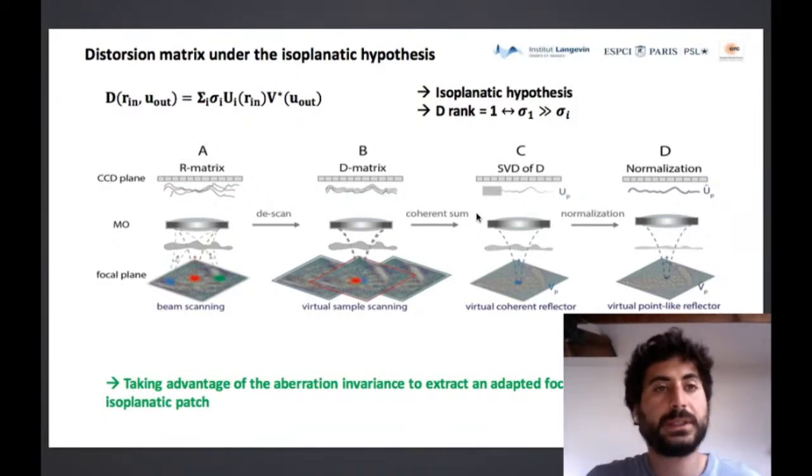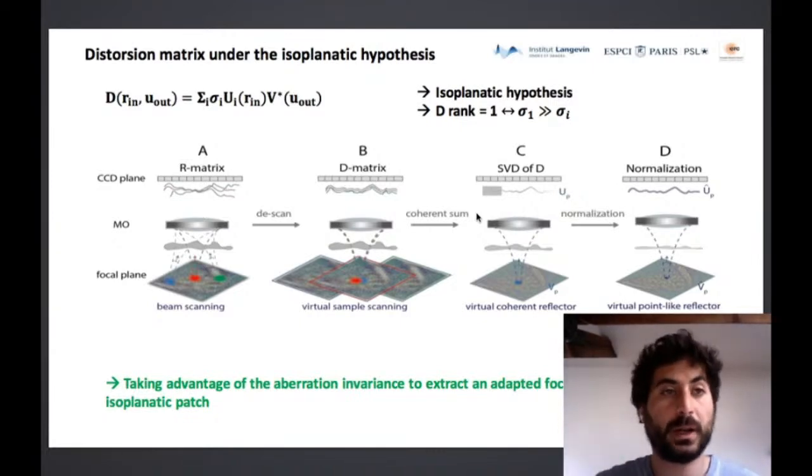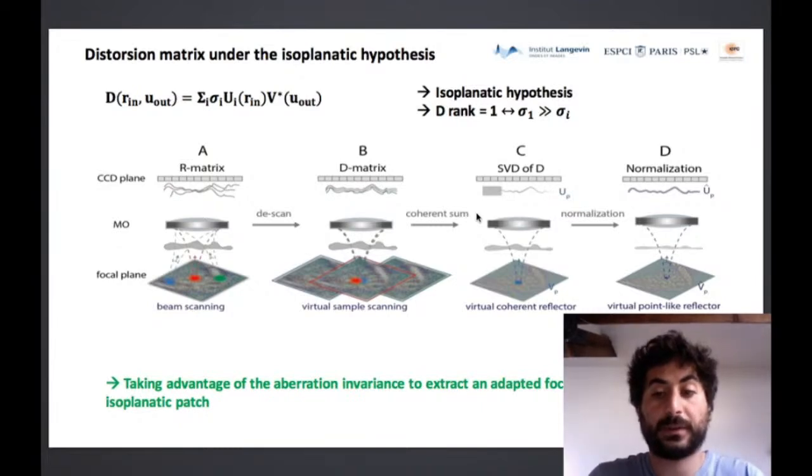So we can monitor this hypothesis with the weight of the first singular value over the other ones. And we can take advantage of the aberration invariance to extract an adapted focusing law on each isoplanatic patch.